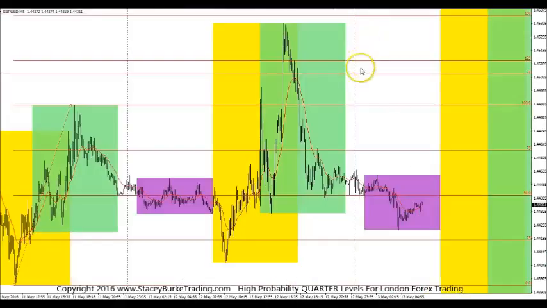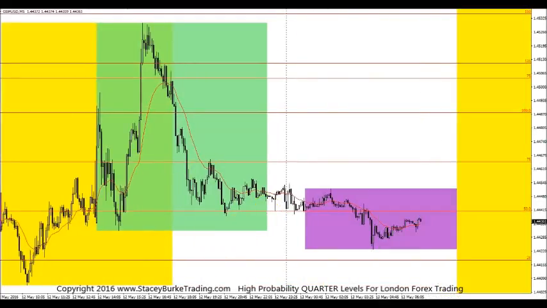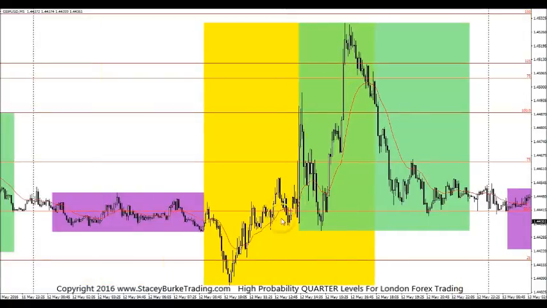If we were to go back and look at yesterday's market, we see that out of Asia, the market broke out on the London Open. It found support around that 44.18 level, and it proceeded to auction long.